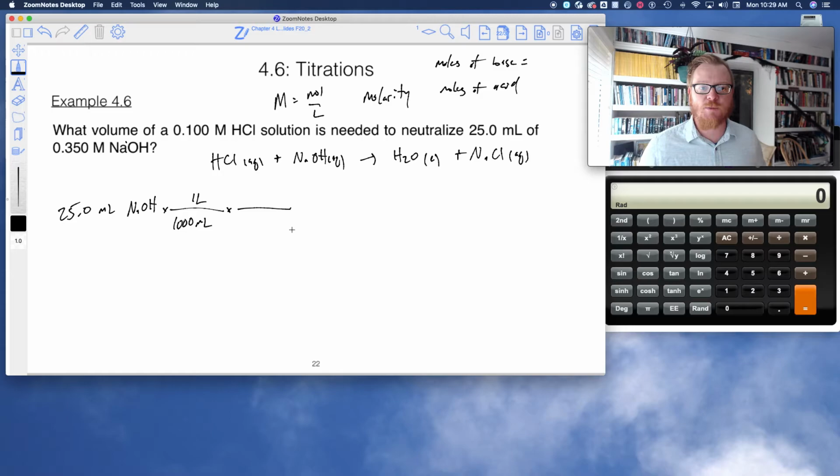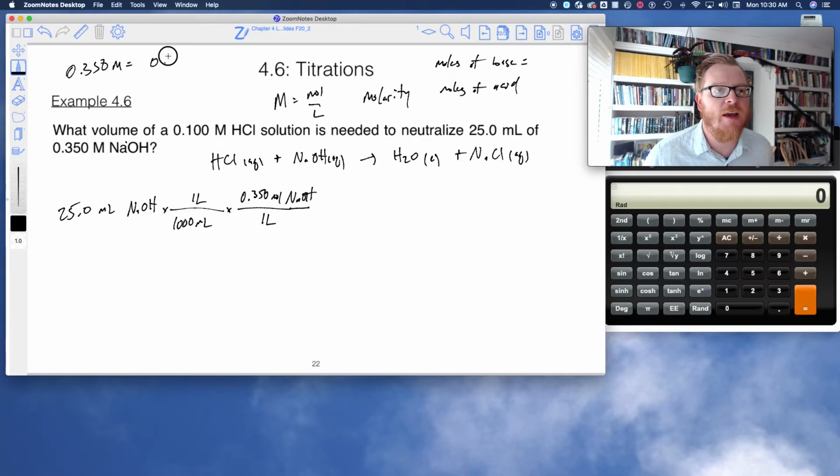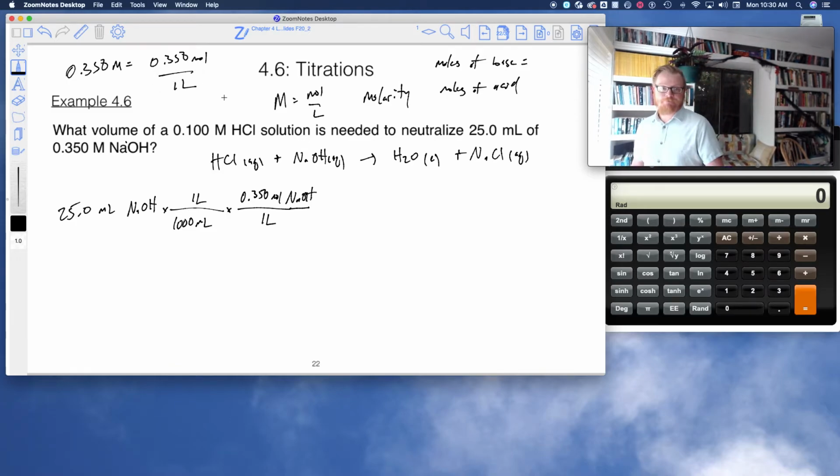Because I know it's moles per liter on top and bottom, and I really need liters to cancel, that 1 liter is 0.350 moles of NaOH. Okay, that's what that means. So when we see 0.350 M, you should be thinking 0.350 moles in 1 liter.